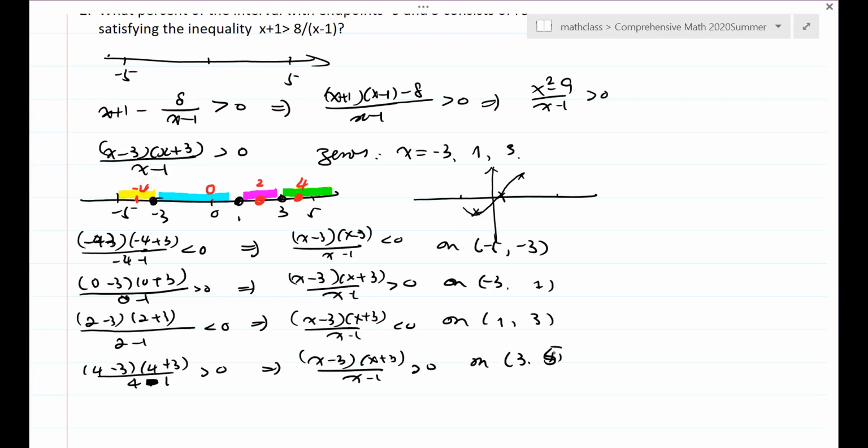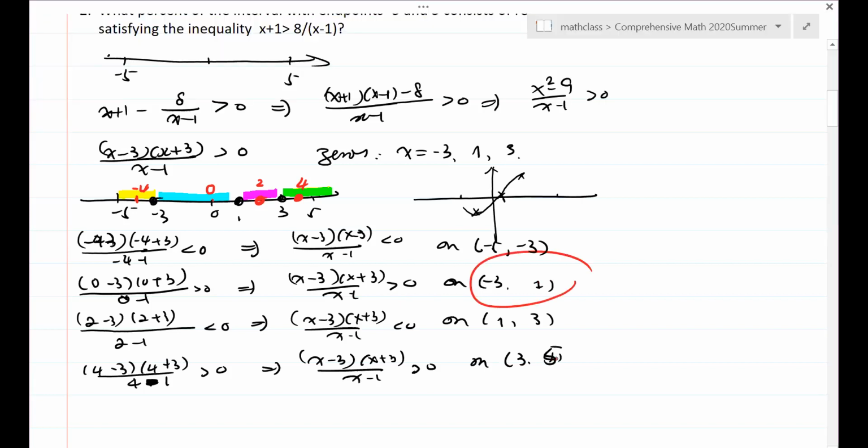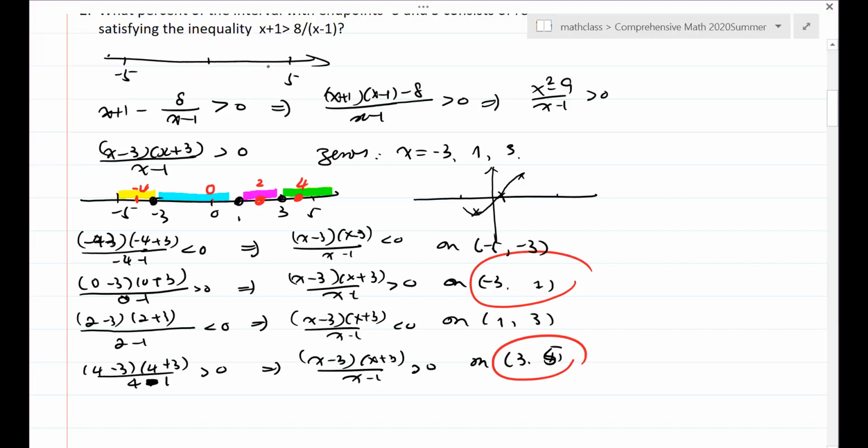So what is the percent of the interval on which the expression is positive? You just calculate the length of those two intervals. One is 4, the other is 2, so 4 plus 2, and the length of the whole interval is 10.